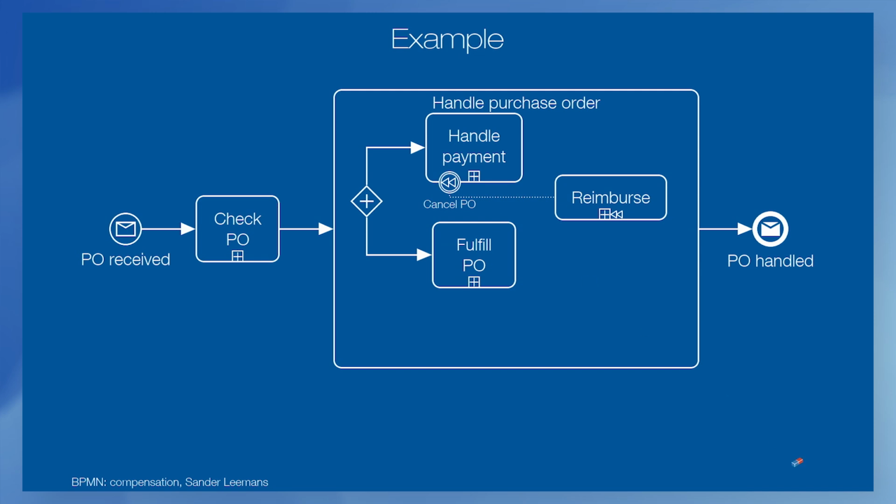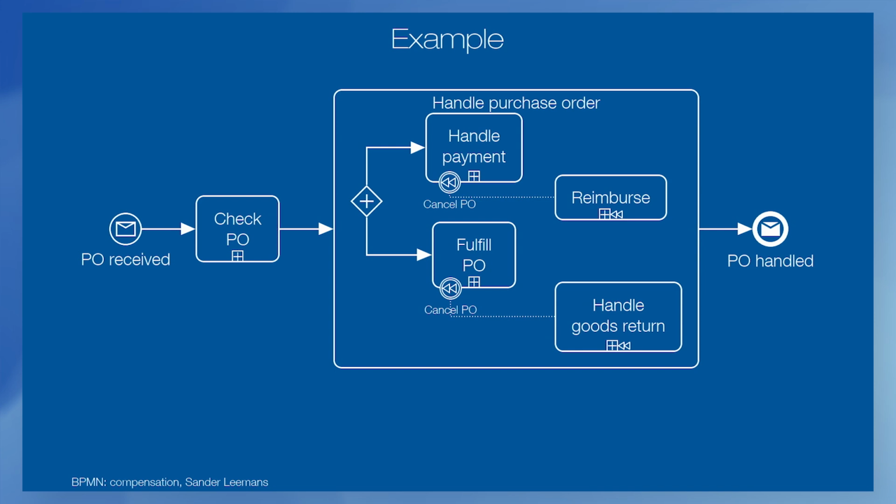We do the same for fulfill purchase order, where we add the same boundary event based on cancel purchase order, and then we have a compensation handler handle goods return. Again, only when fulfill purchase order has completed and then the compensation arrives, will we execute handle goods return.